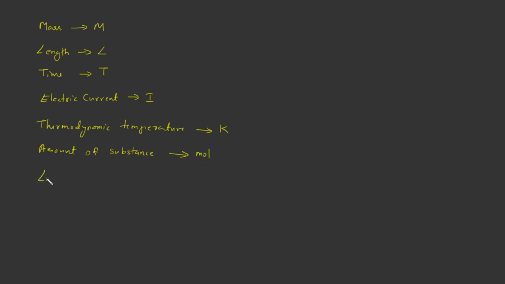Last, luminous intensity, represented with CD. You can observe these 3 are the SI units of these measurements. Also remember, these letters are written inside a square bracket with correct powers to represent dimensions of physical quantities.